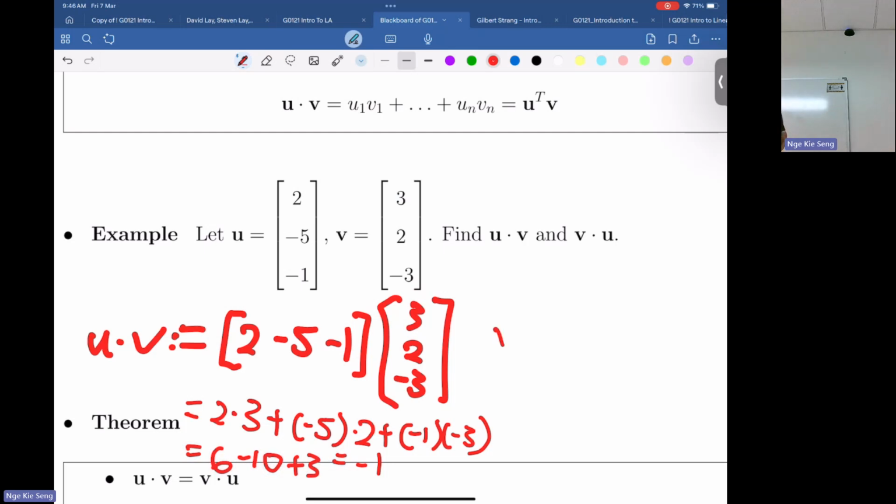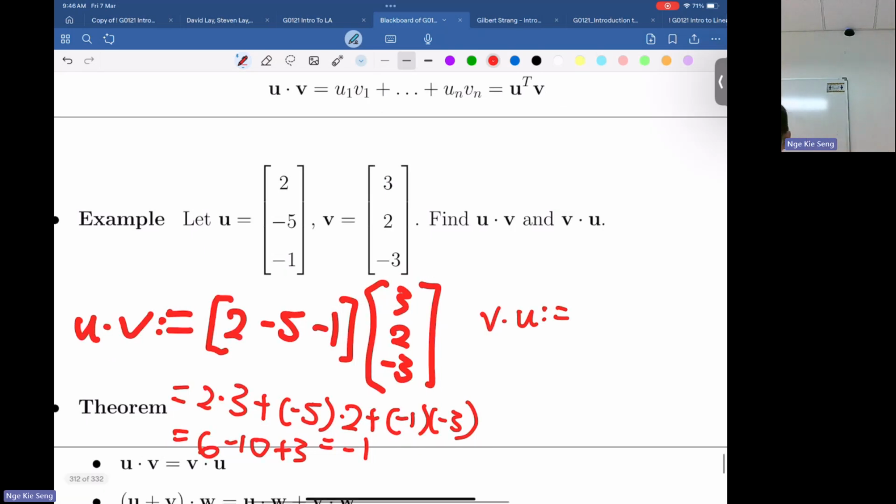Let you try what v dot u is here. Can I compute v dot u? This is a very important calculation, because this is the only calculation that governs the whole chapter.